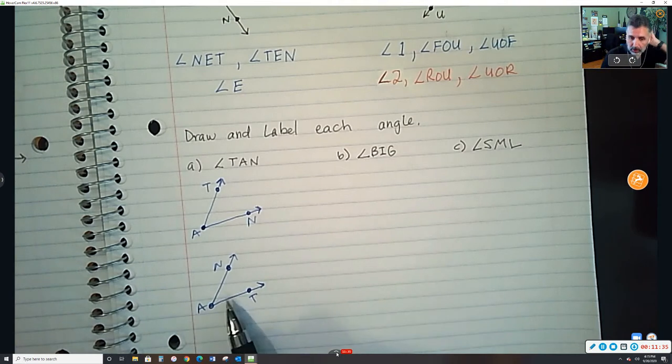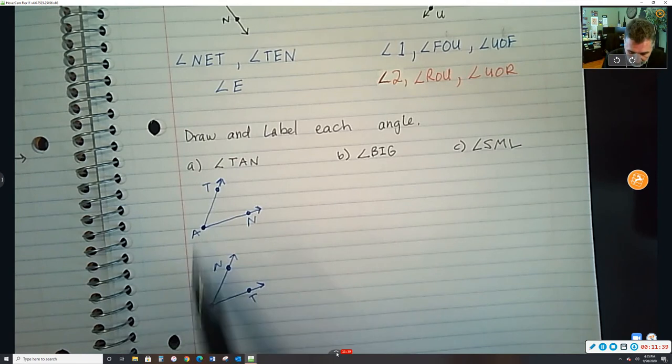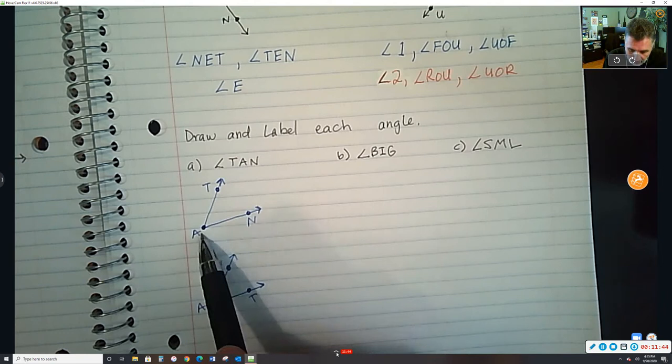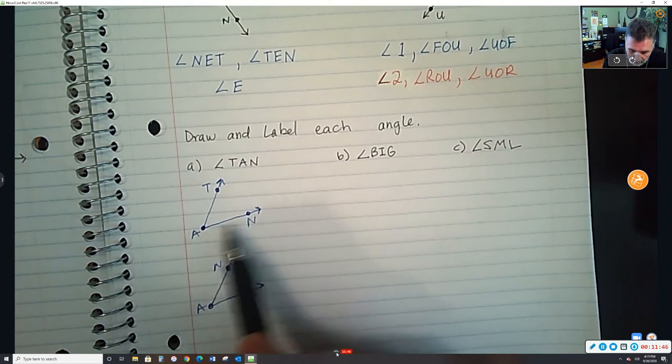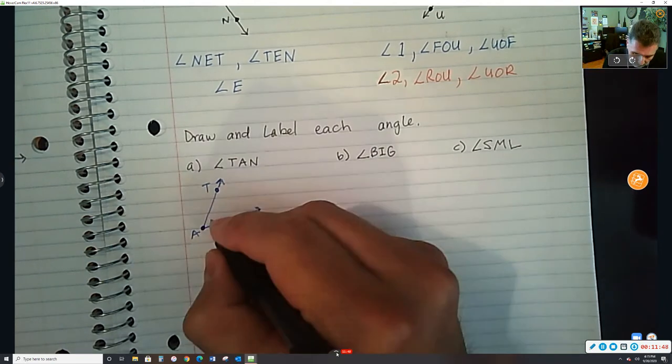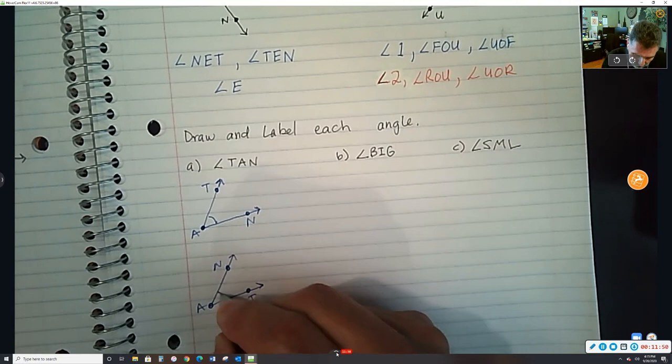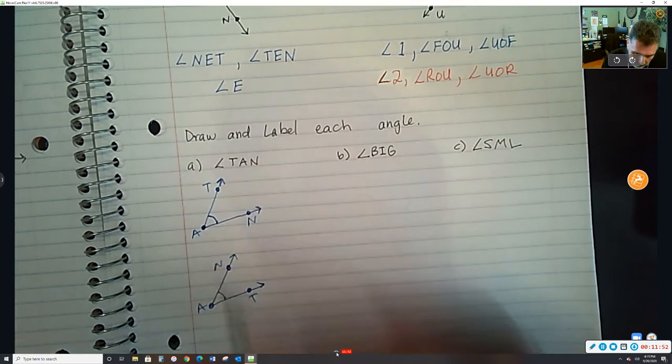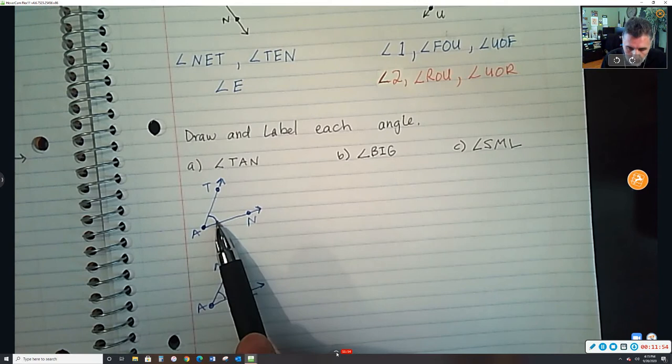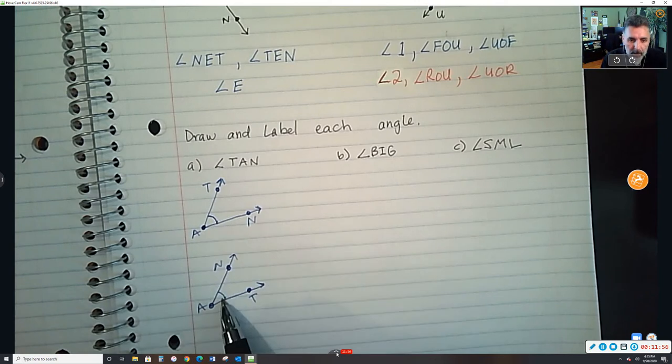So this is just another option. What matters here is A is the vertex. Okay? It's in the middle. It has to be the vertex. See, it has to be in the middle this way. And I guess we can put this mark on it to say that's our angle. Sometimes you see this in the angle, sometimes you don't. That's not such a big deal.